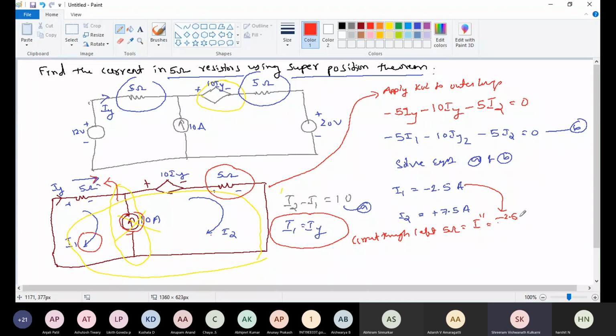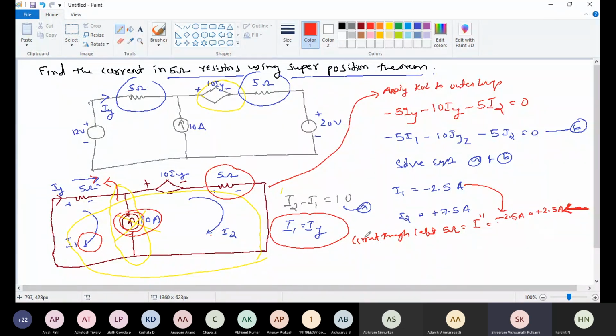This minus 2.5 ampere is due to this 10 ampere current source. The direction of this current source and the current I1 are opposite, so I am going to mark it as plus 2.5 ampere in this direction, because this is due to this 10 ampere.